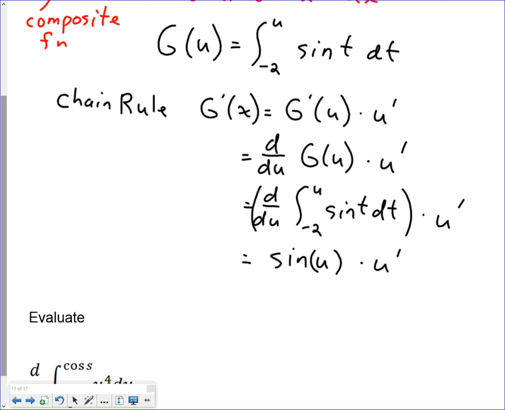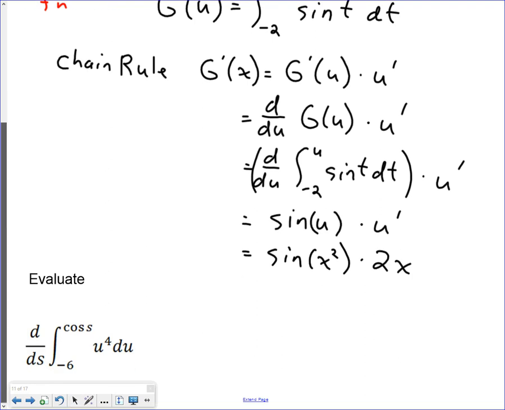And this is going to get multiplied by u primed. So our original substitution was that u was equal to x squared. So we can put the x squared back in. We know that u primed is equal to 2x. So our derivative here, g primed at x, is going to be sine x squared times 2x.